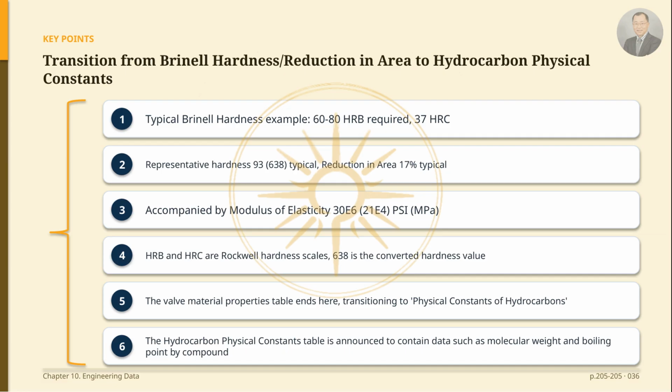HRB and HRC refer to the B scale and C scale of Rockwell hardness, respectively. At this point, the material properties table for pressure-containing parts concludes, and the physical constants table for hydrocarbons begins. This table will cover data such as molecular weight and boiling point for each compound.